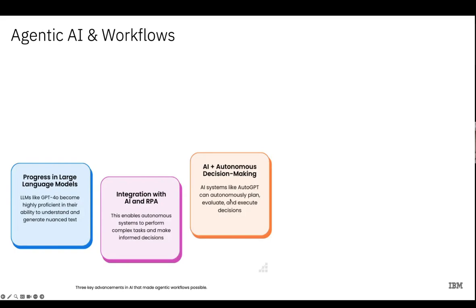And the third and most important part, which makes it more interesting for workflows, is that AI can now make autonomous decisions and can create plans, evaluate the plans by themselves, and execute on the decisions and refine them to make it better, so that over time it's going to become more and more intelligent, which makes it more attractive for smart manufacturing use cases.